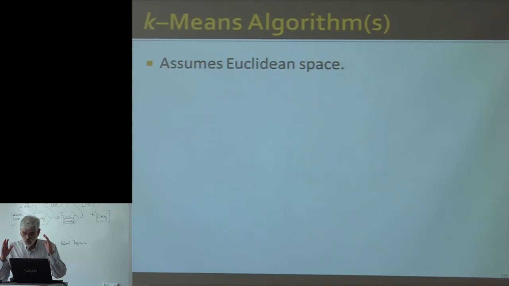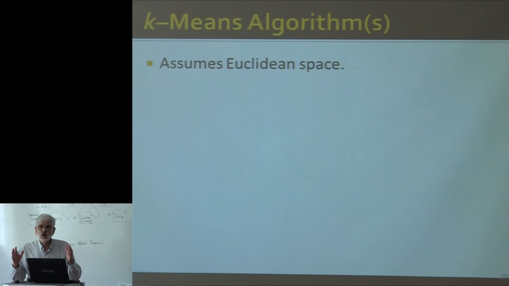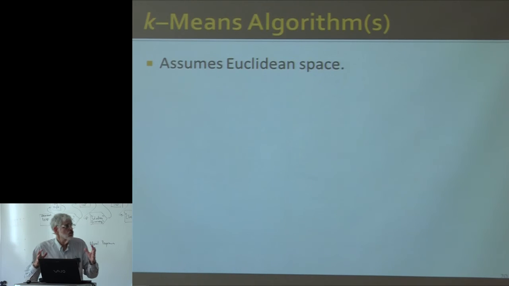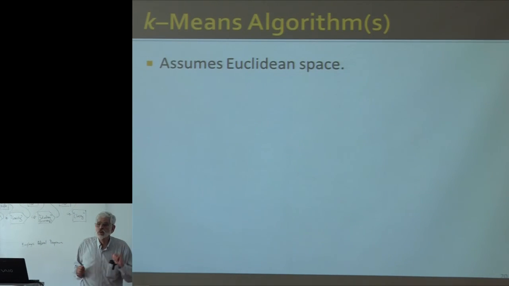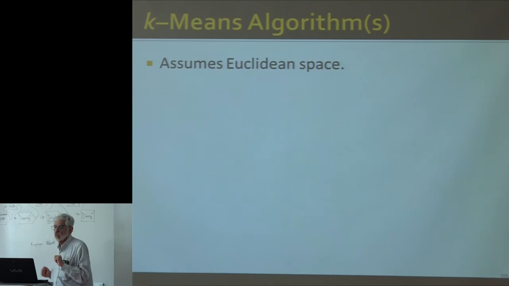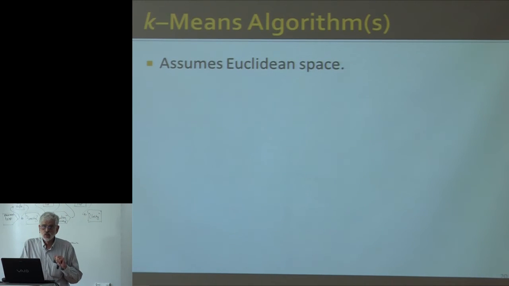And so one assumption is that I know how many clusters there actually are, and all I have to do is assign each of my points to the proper cluster. But if you don't know, then you have to figure it out, and I'll talk about that.